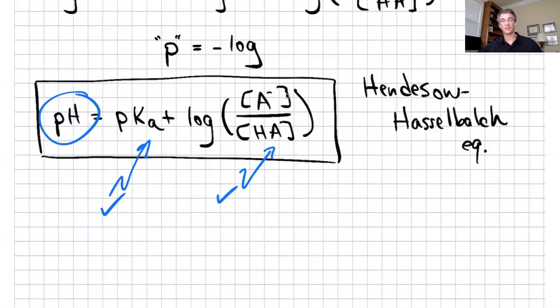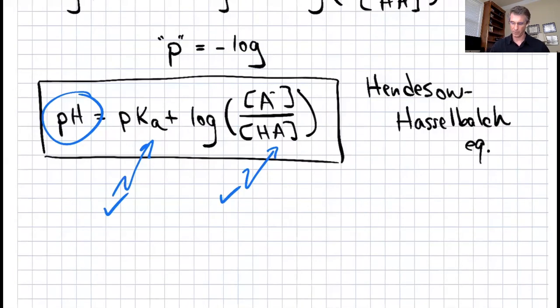Which is just a fantastically useful thing. And it has all kinds of practical benefits beyond simply being able to calculate the pH if you know the concentrations of a conjugate acid or base that you happen to have in solution, right?